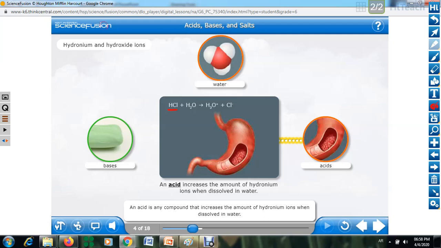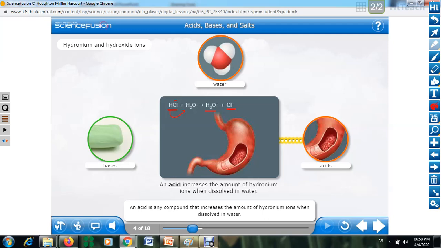When hydrochloric acid is dissolved in water, the hydrogen from hydrochloric acid will be given to water. So it will form H3O plus, the hydronium ion, and the Cl will be alone as a negatively charged ion. So that means the acid increases the amount of hydronium ions when dissolved in water.